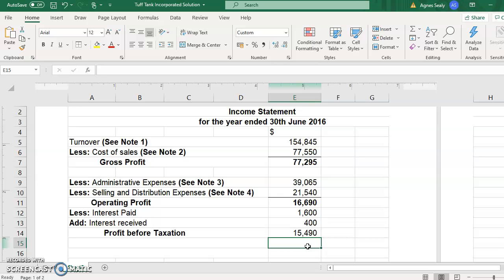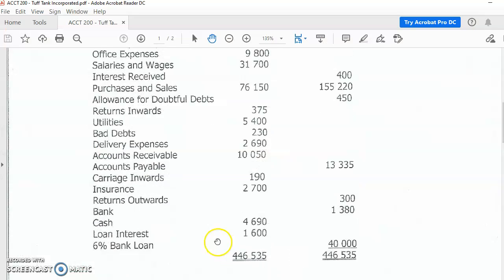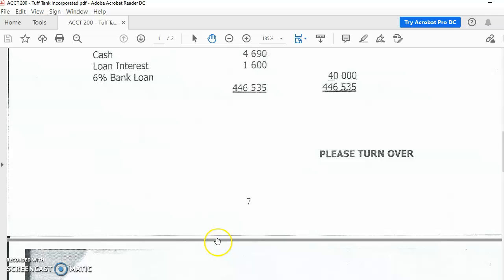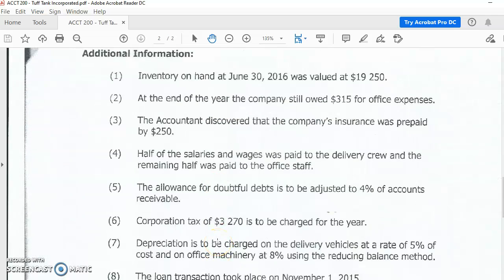$15,490. Remember, this is a company, and companies must pay taxes on their profits. So therefore, that must be calculated and paid to the relevant authority in government. So let's see what the question tells us about our taxes. Sometimes a question will give us a percentage and tell us that we have to calculate our taxes based on a percentage of the profit that was made.